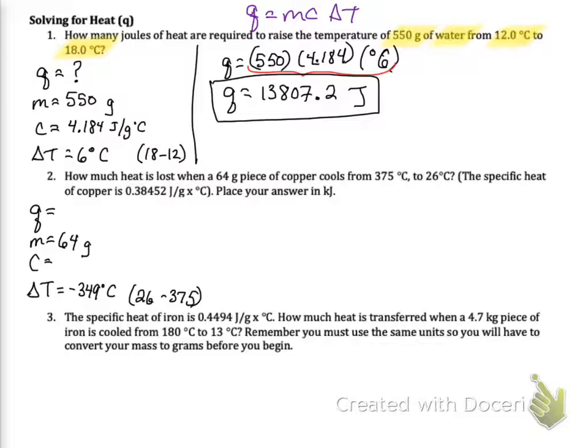And I am told that the specific heat of copper is 0.38452 joules per gram degree Celsius. I'm asking for the amount of heat that is lost. And I'm also asked to put my answer in kilojoules, so I'm probably going to get a pretty big number here.